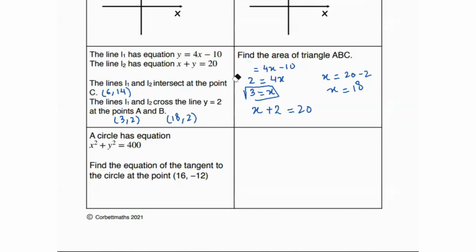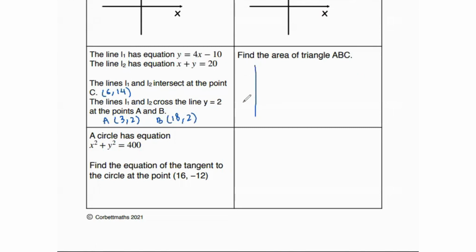Now that we have the coordinates of A, B, and C, we find the area. If we roughly sketch it, 3, 2 is going to be somewhere over here. 18, 2 is going to be over here. And 6, 14 is somewhere over here.